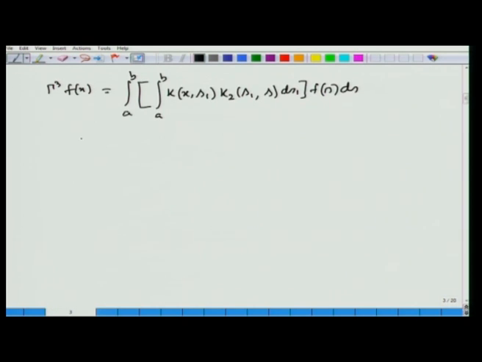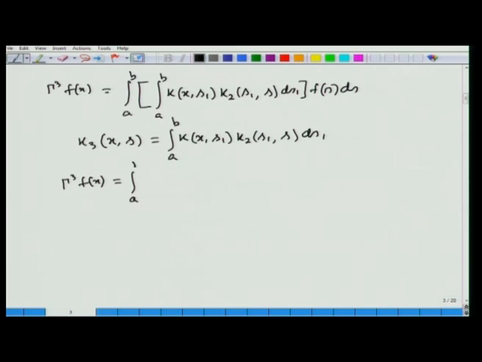And now, if we define that K3(x, s) is equal to integral a to b k(x, s1) K2(s1, s) ds1, therefore, Gamma 3 f(x) will be equal to integral a to b K3(x, s) f(s) ds.